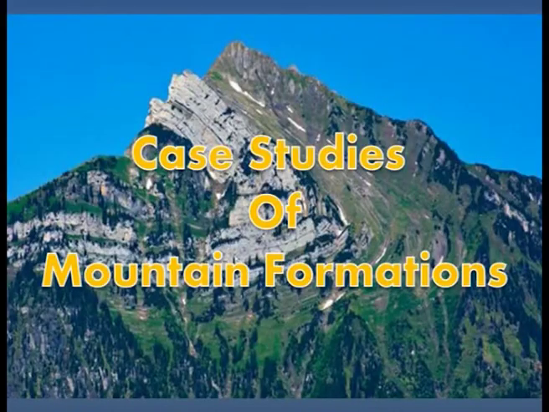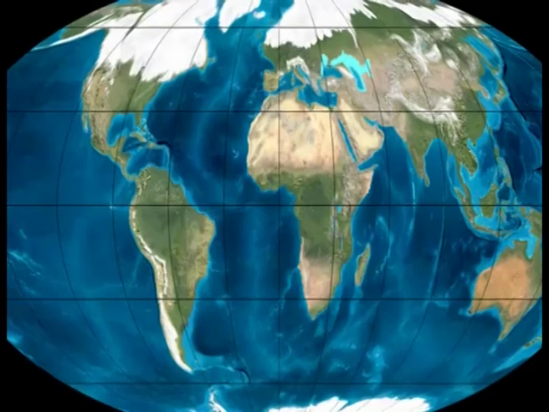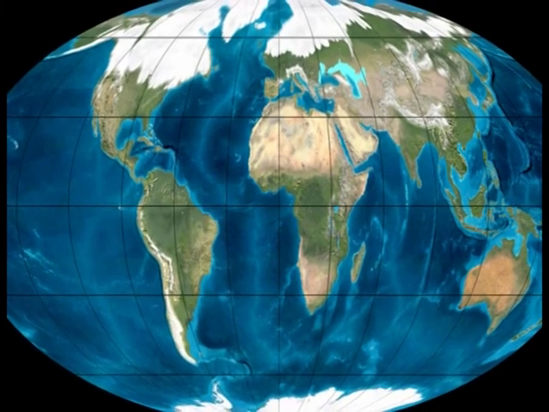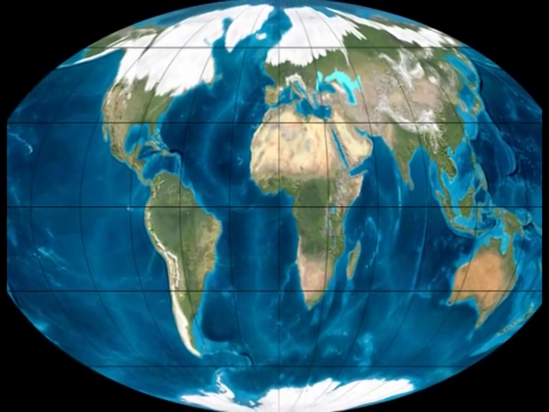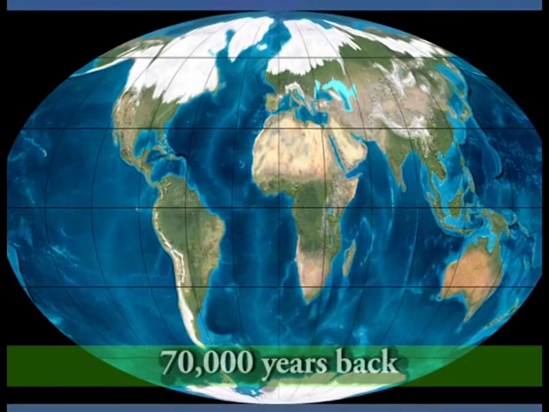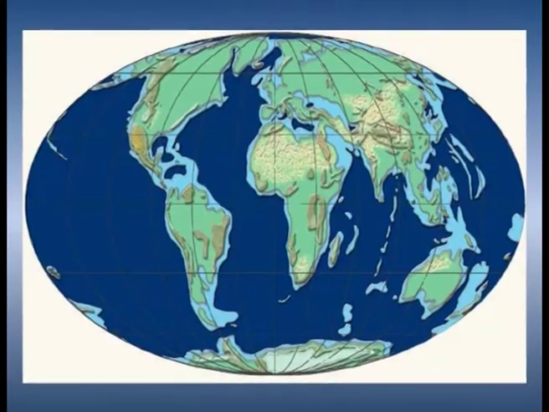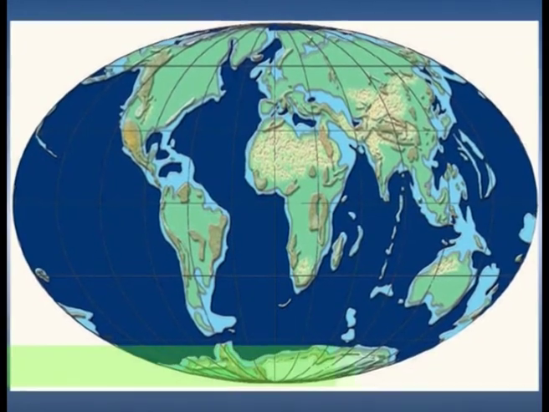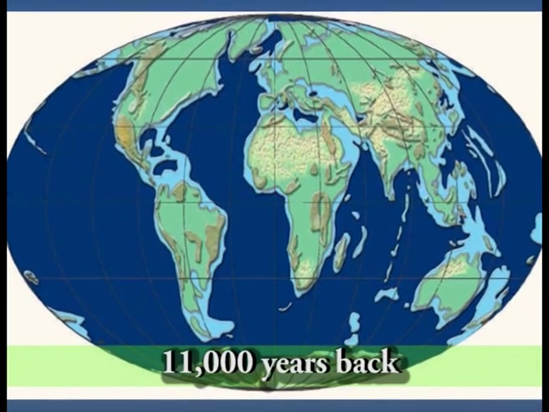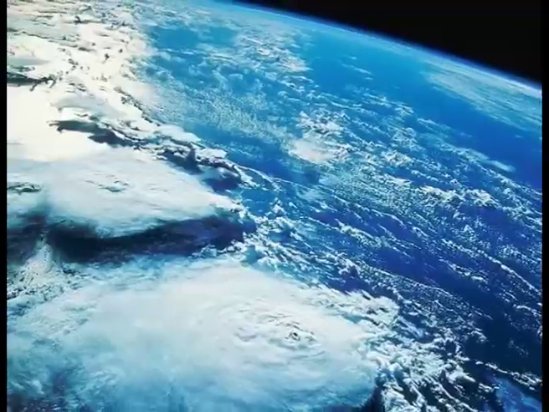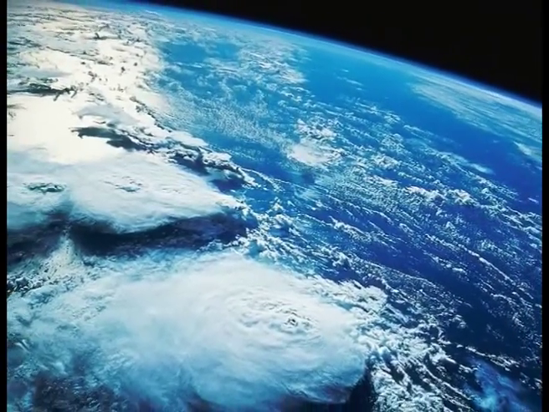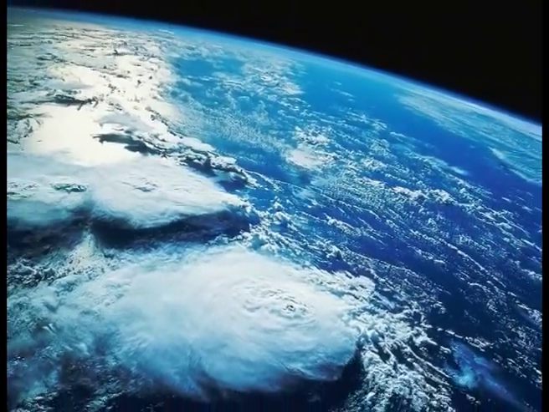Case studies of mountain formations. There have been many periods of glaciation from the Pleistocene epoch, which is some 70,000 years back, up to the Holocene epoch, which is around 11,000 years back. The ice ages have left their identity in mountains across the world.